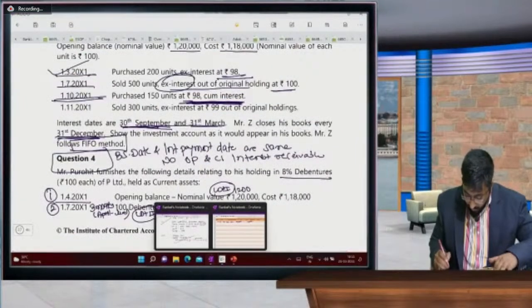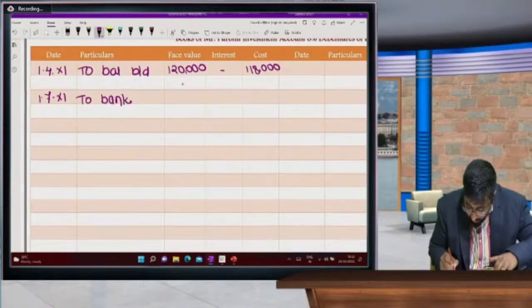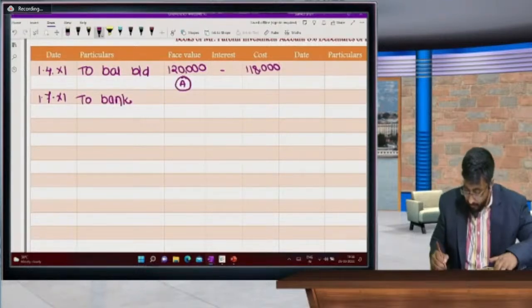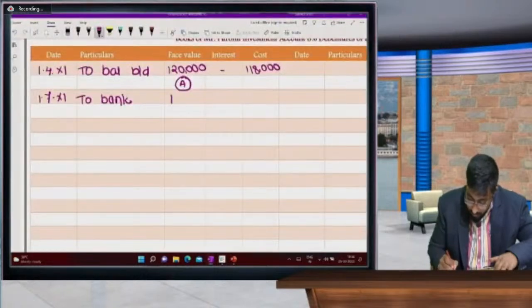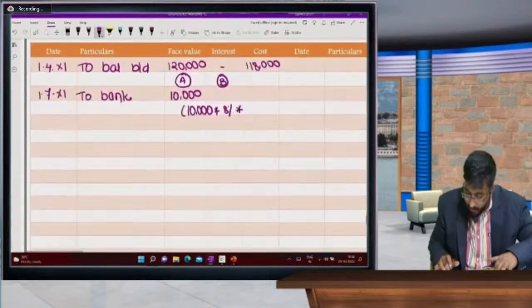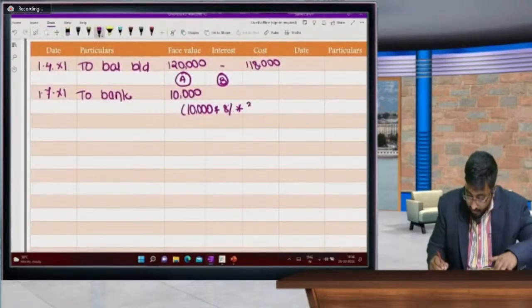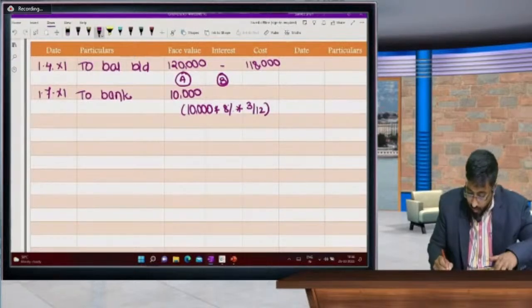1/7/2001, after one line. What are you going to write? To bank. First, in which column? Face value. What is the amount? 10,000. Interest for how many months? 10,000 into 8%, right? Didn't you calculate it last time? 3/12, 200 rupees.